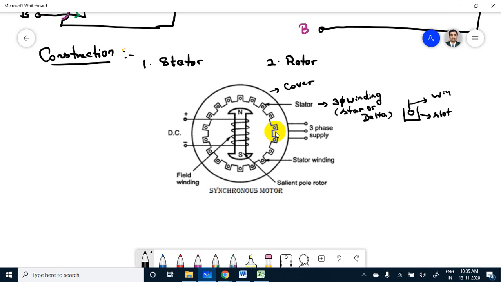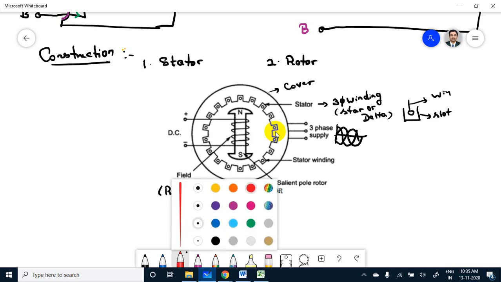So we have to give a three-phase supply to the stator winding. Inside, you see here, this is known as rotor. Rotor is nothing but the field winding.